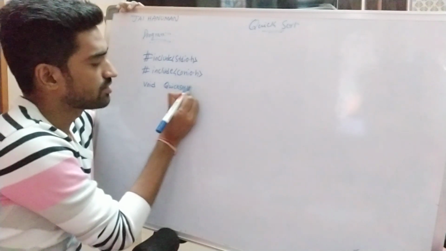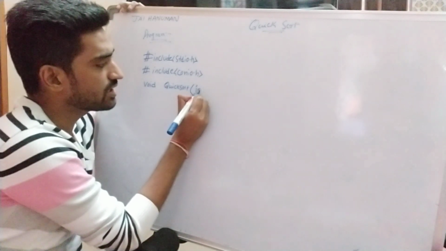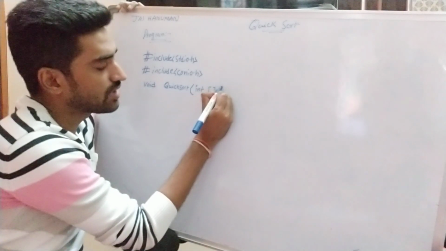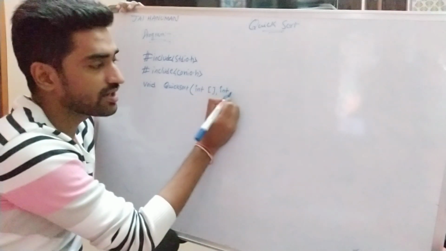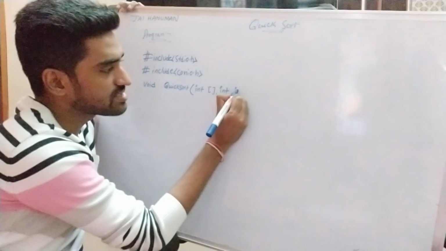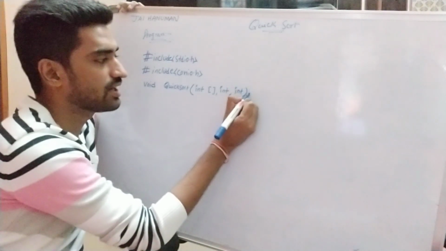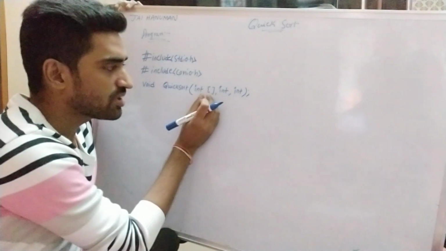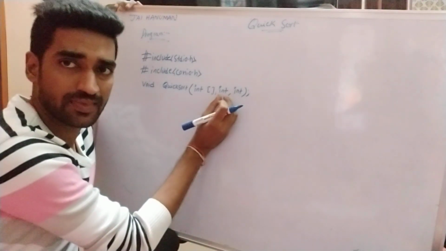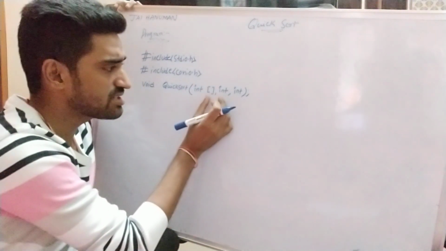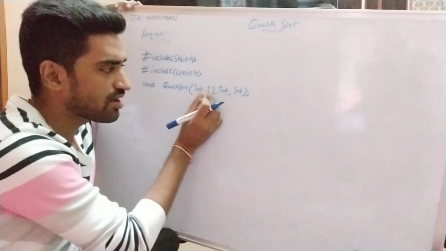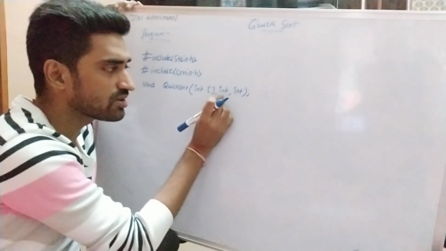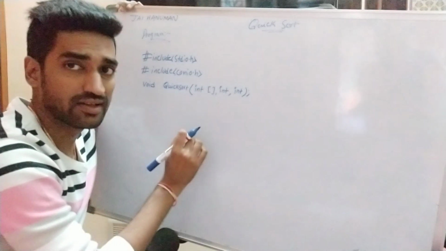I am defining three arguments. One is for the array, one specifies the lower boundary value of the array, and one specifies the upper boundary value of the array. In previous programs, we simply wrote one argument for the array and one argument for the n value. But in this program, I am writing three arguments. Why?